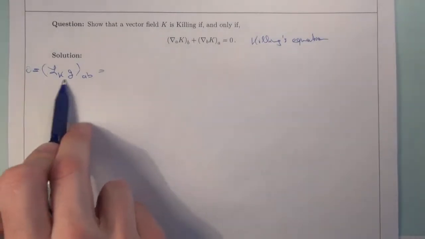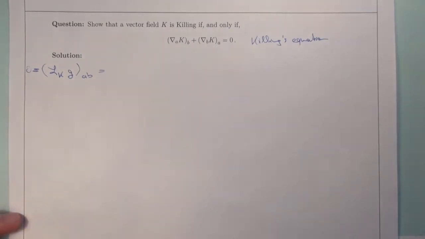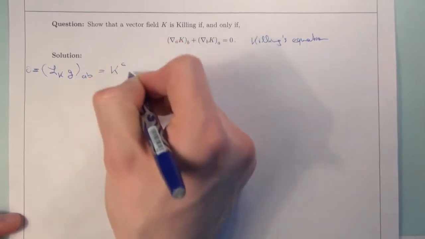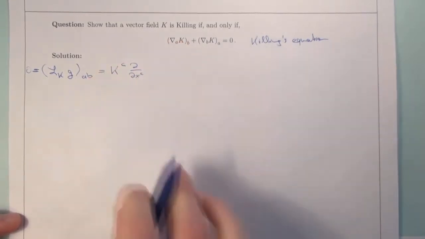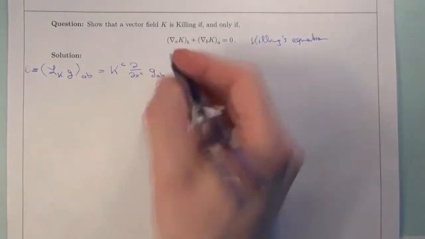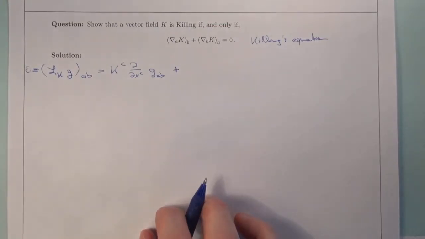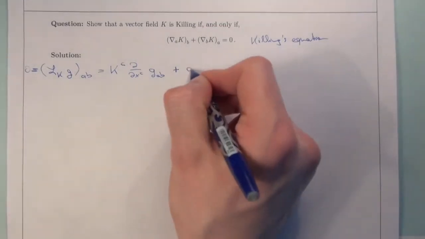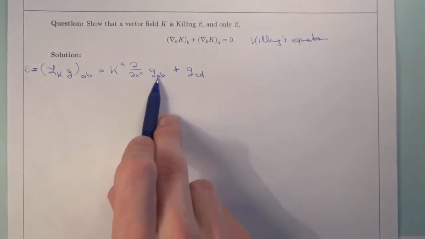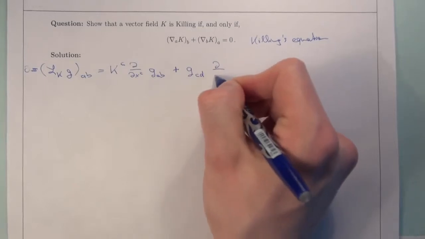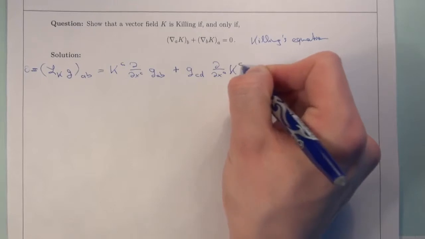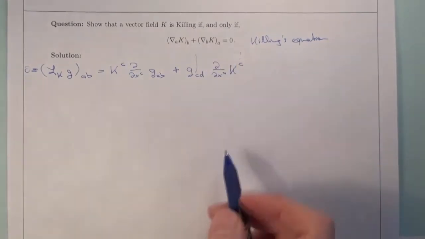Okay, so the Lie derivative on a 0-2 tensor consists of 3 components, so K^c d/dx^c acting on g_AB. Now we have the indices down, therefore a plus, and now we introduce the summation index down here, and the derivative d/dx^A acts on K^c, so the sum is here.